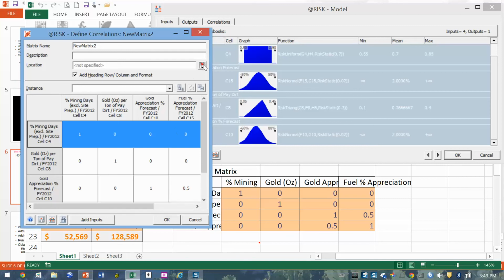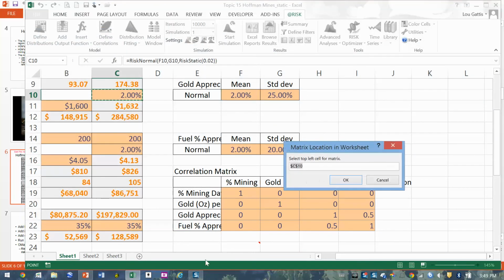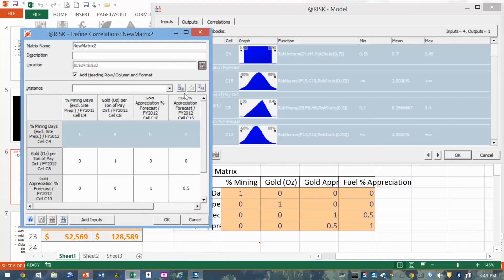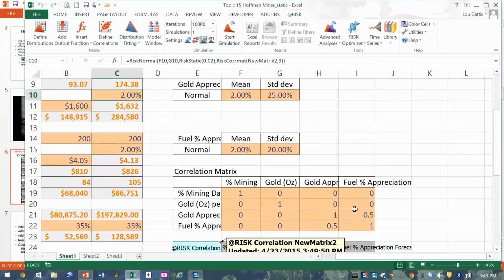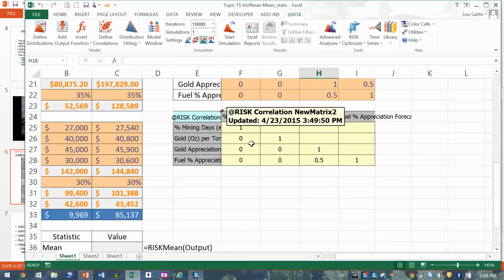And then I need to assign this a location in Excel. I'll just put it down here. And hit OK. OK. So here's the correlation matrix that at-risk is going to use.